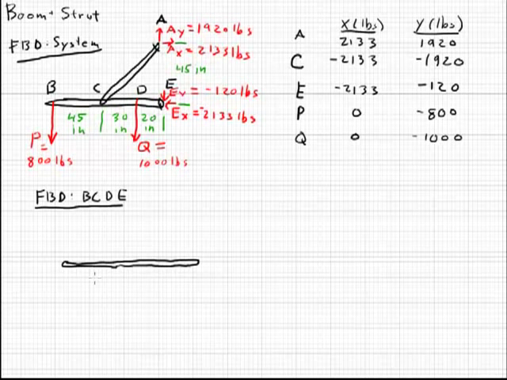So these values reflect the values from member AC. When we go to member BCDE, we will have to change the signs on joint C. All the other forces on BCDE are external forces that show up in the system. They're either applied, like P and Q, or reactions, such as the ones that support E.